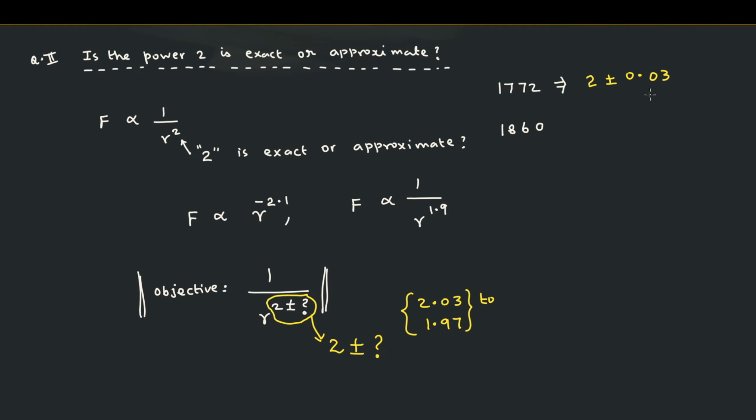And this plus or minus value is obtained based on repeated experiments. You keep doing the experiment several times with several different distances. Not only one distance; you have to repeat the experiment for various distances, and then you have to ask how accurately you measured the distance, because this plus or minus is coming from the distance measurement.